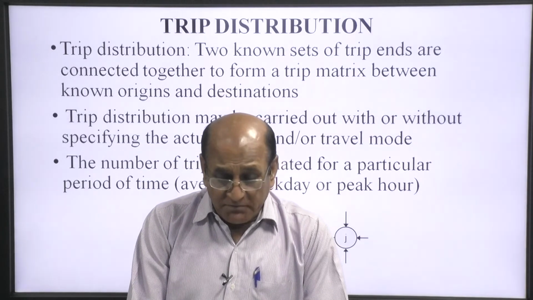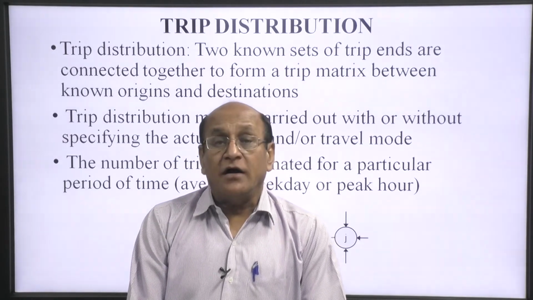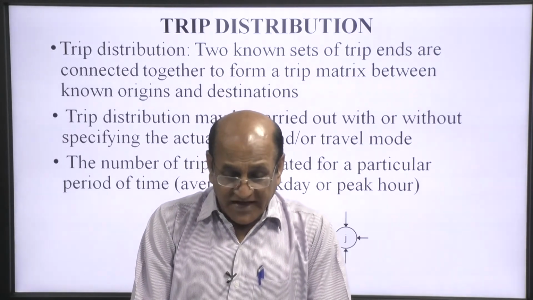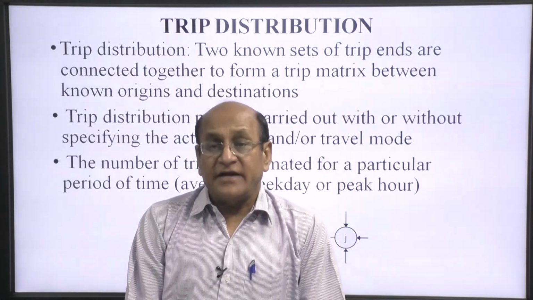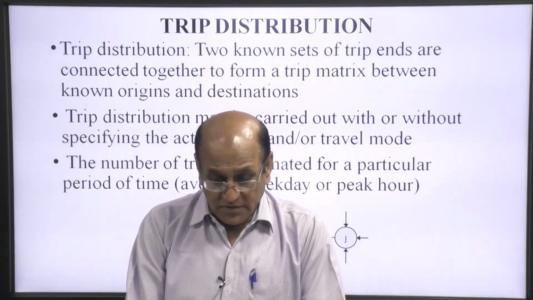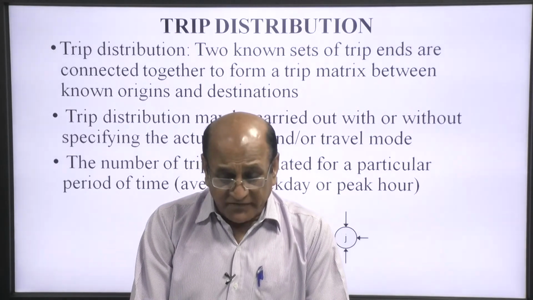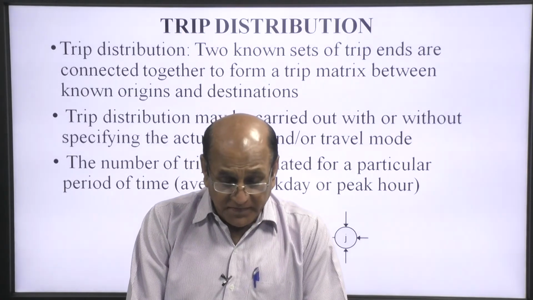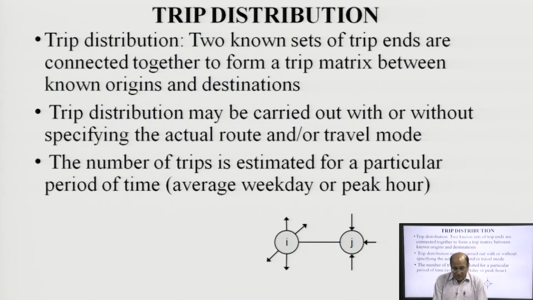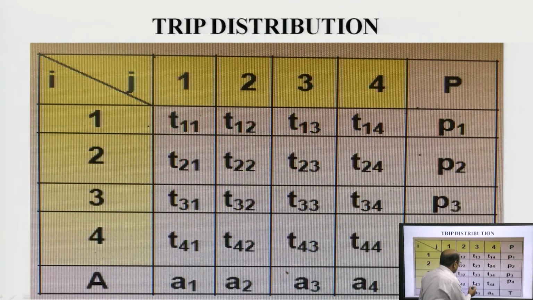Trip distribution may be carried out with or without specifying the actual route and or travel mode. The number of trips is estimated for a particular period of time, average weekday or a peak hour. We can see here, this is a zone i.